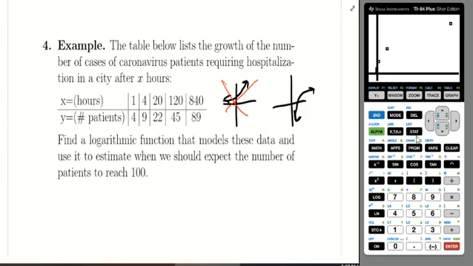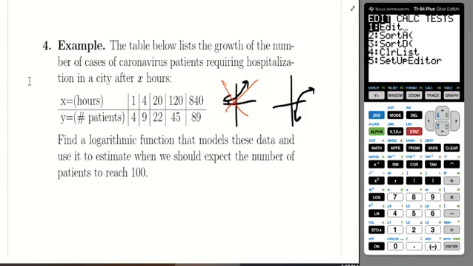So if I go to stat, and notice, even though the y values are roughly doubling each time, the x values are getting bigger and bigger. So this is very similar to what the governor of New York was saying last week was happening, that the number of patients was doubling, which is horrible.